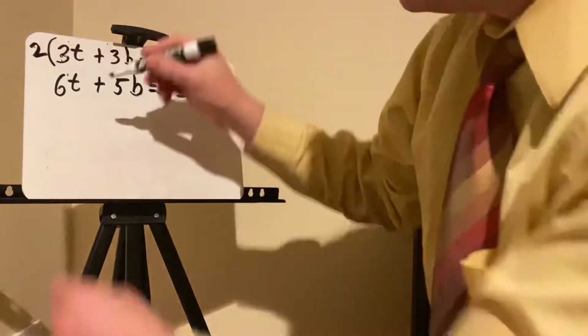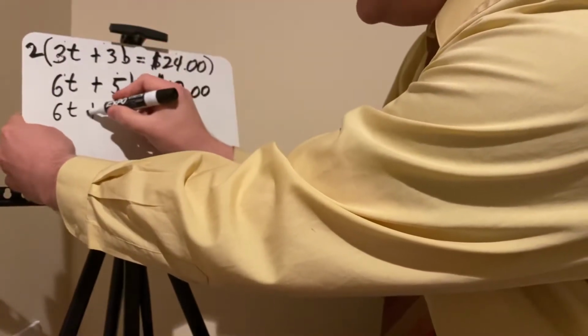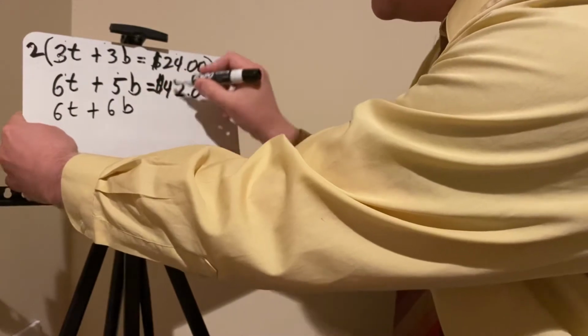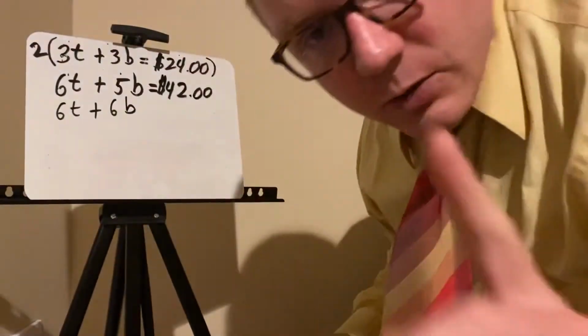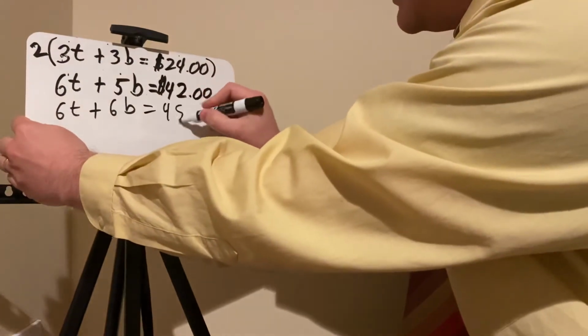So 2 times 3t is 6t. 2 times 3b is 6b. You have to do both sides of the equation in order for this to be equal. 2 times 24 is 48.